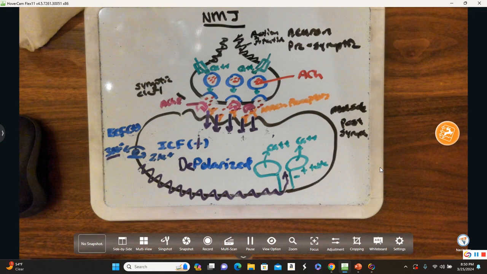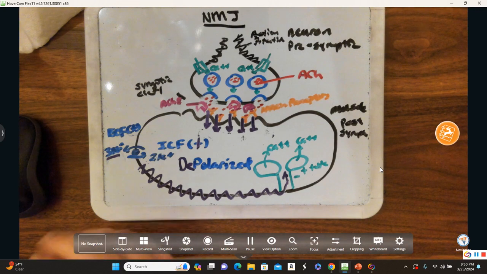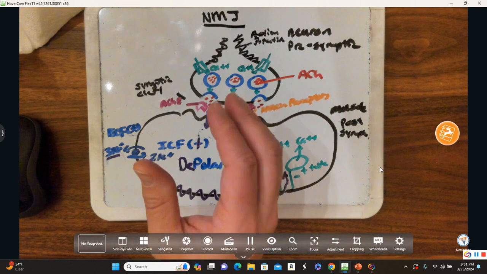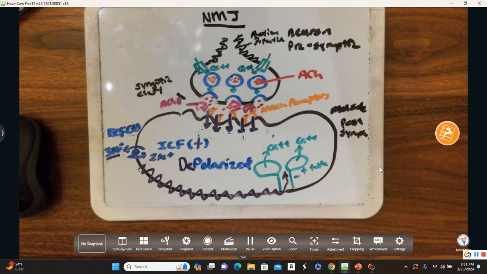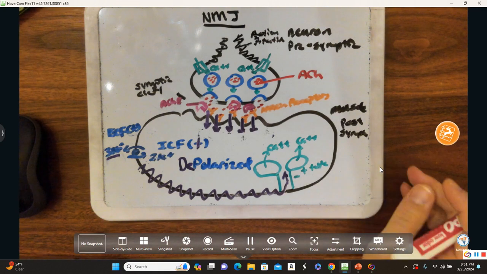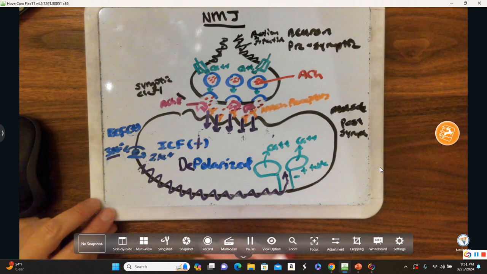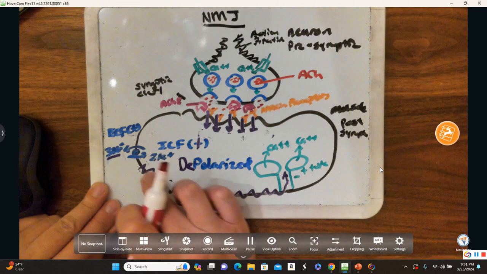Now, the cell is still positive, but it stops getting any more positive. Now we've got to undo it, make it negative. What we're going to do next, let's just pick right here.